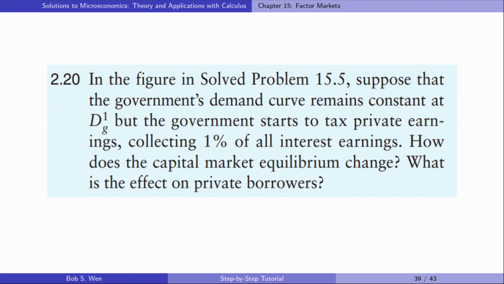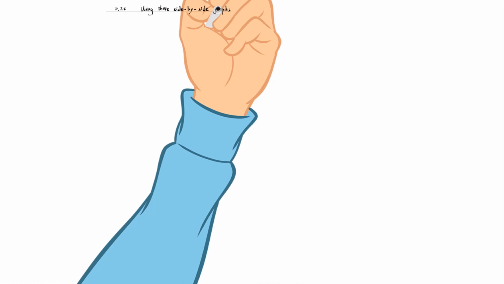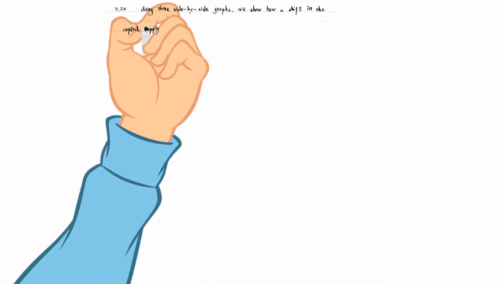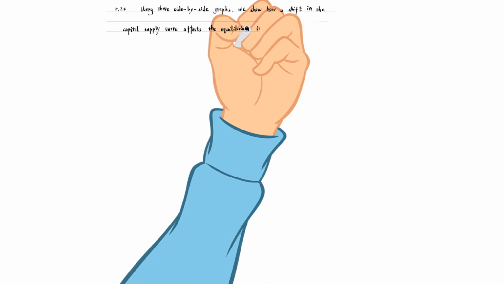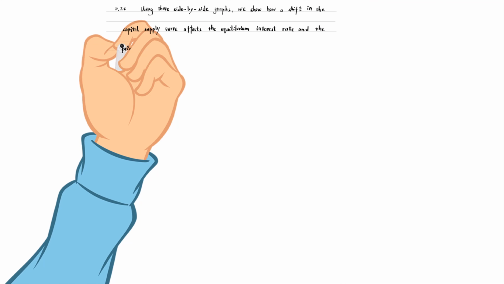How does the capital market equilibrium change? What is the effect on private borrowers? Using the side-by-side graphs, we show how a shift in the capital supply curve affects the equilibrium interest rate and the private investment.